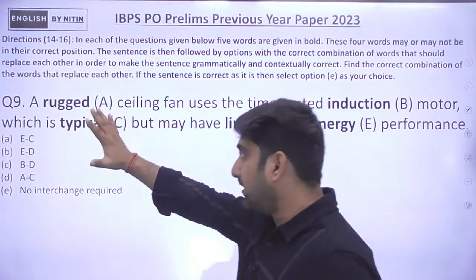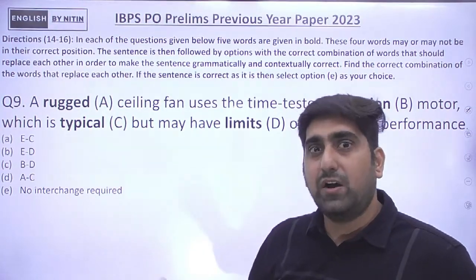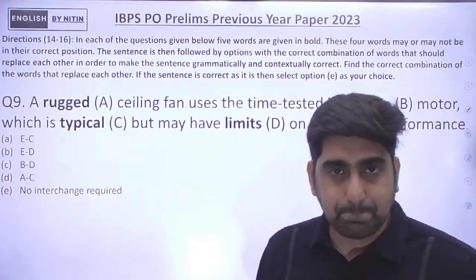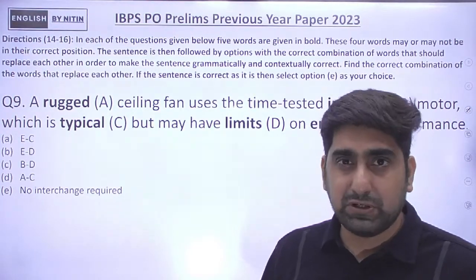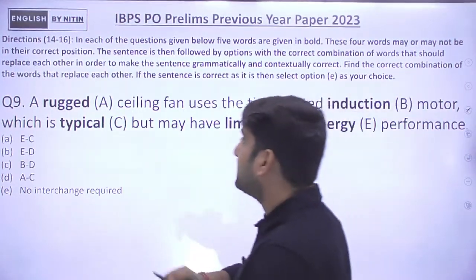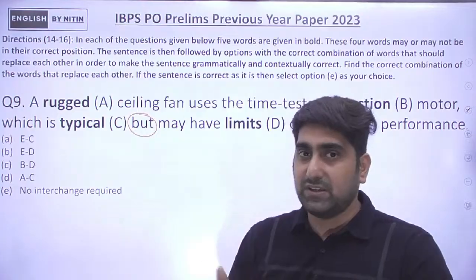When I read the sentence, I realized that we are talking about a ceiling fan which is of a particular type, and the conjunction but gives me a reference that I am talking about something against it.